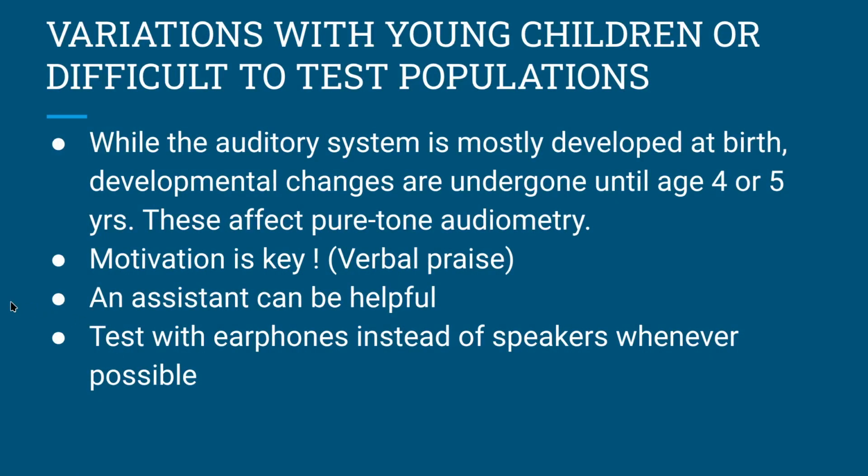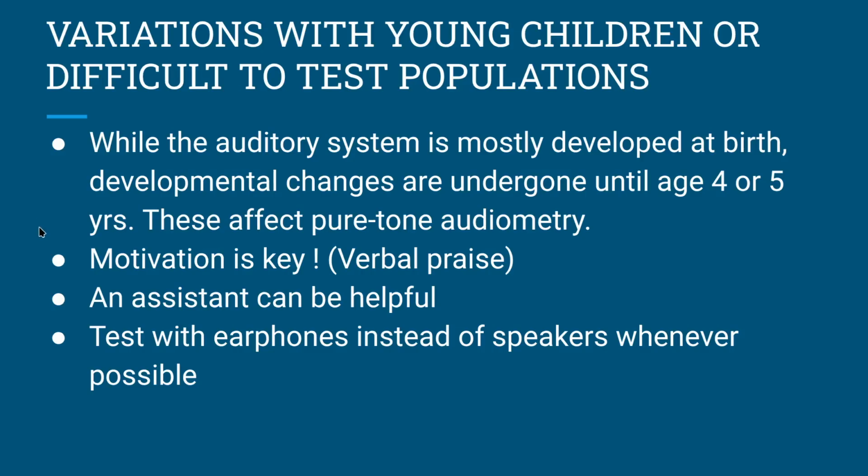We also have variations with young children or difficult to test populations. While the auditory system is mostly developed at birth, developmental changes are undergone until age 4 or 5. These affect pure tone audiometry. Motivation is key. Verbal praise is one example of motivation. An assistant can be helpful.